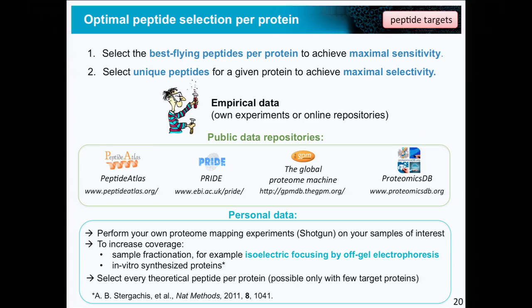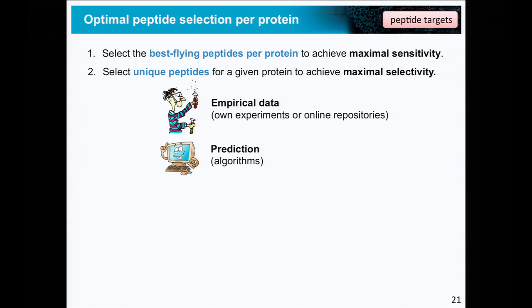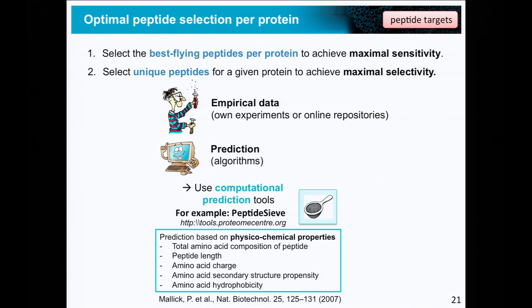And in case there's absolutely no empirical data out there at all and you have no chance to produce some yourself, the second option that you have to find the best flying peptides is to use prediction. So to use computational prediction tools. There are several out there. One, for example, is called PeptideSieve, and these are just tools that based on the protein amino acid sequence can predict which peptides will most likely be the best flyers.